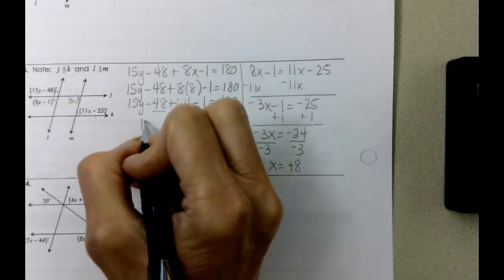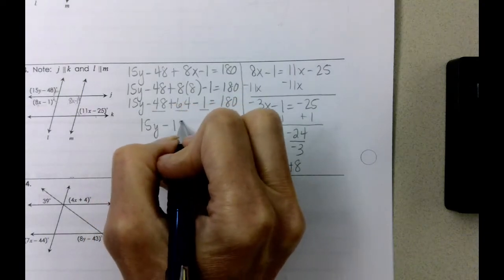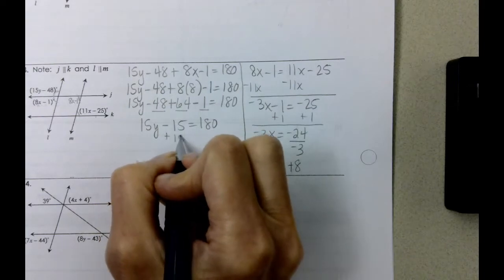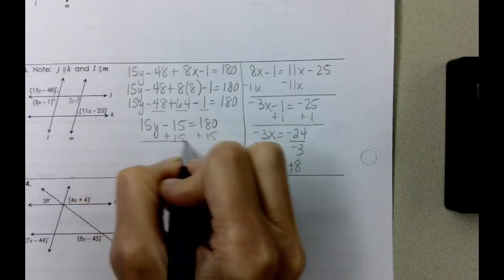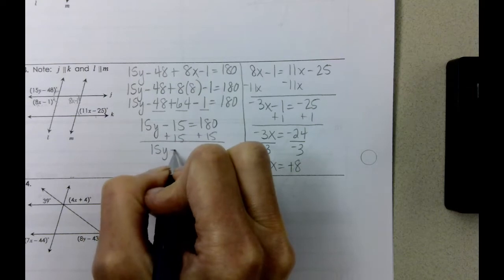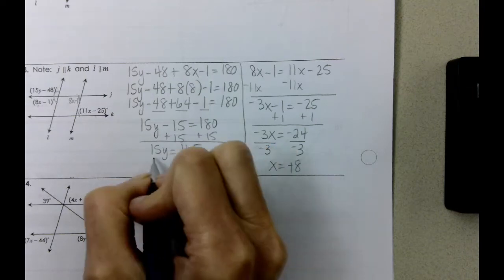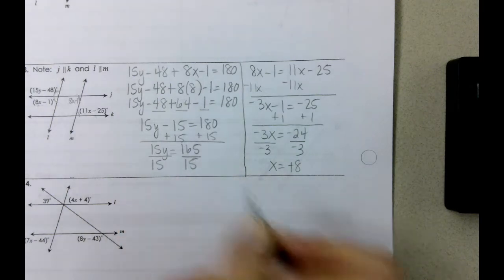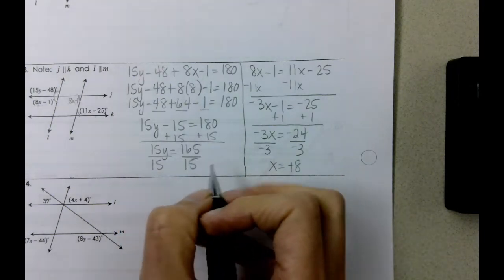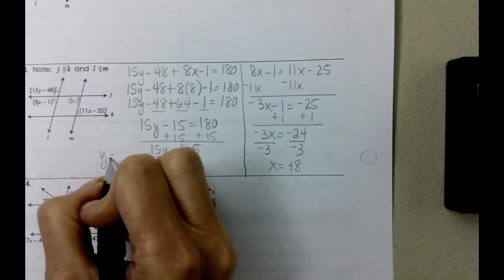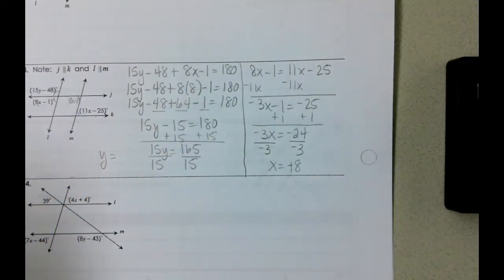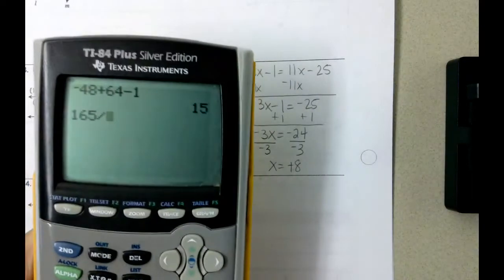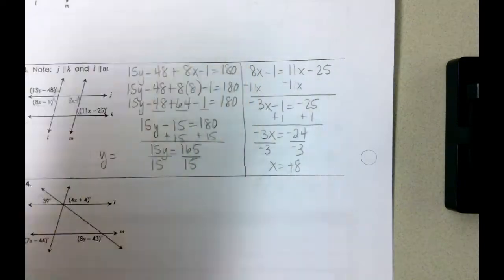So this is 15y minus 15 equals 180. We can add 15 to both sides. We get 15y equals 165. And when we divide both sides by 15, I think it's 11. I'm going to type it into the calculator because I have it. But let's see. 165 divided by 15 does equal 11.